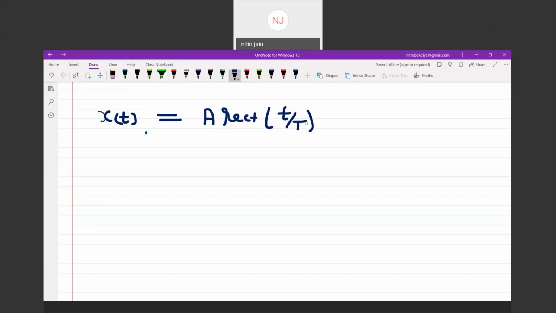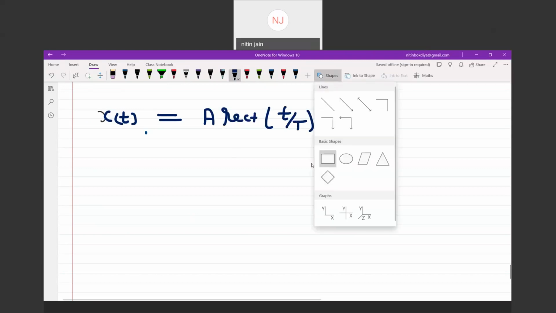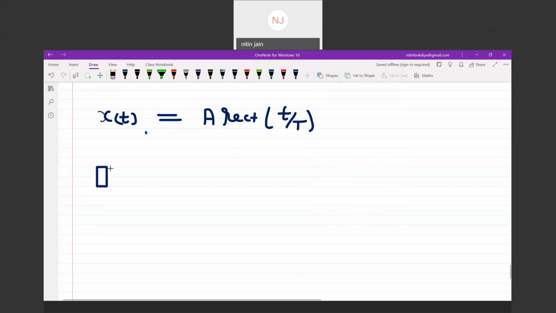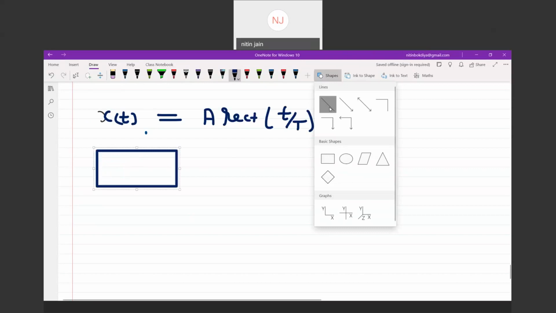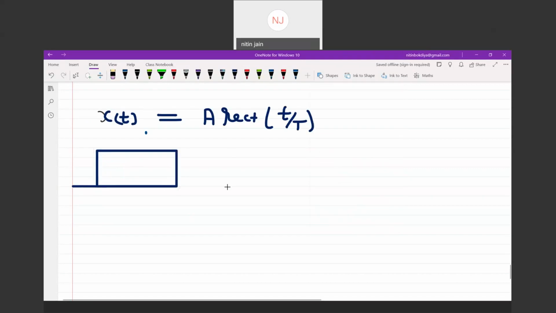We can draw this function, rect of t by T. This is T by 2, this is minus T by 2, and this is a.